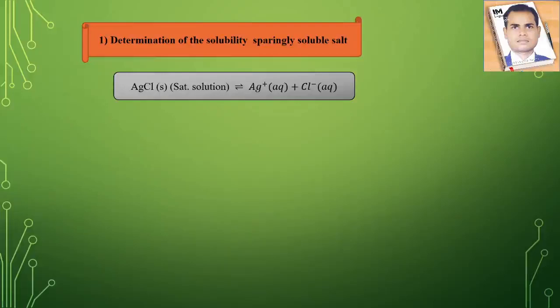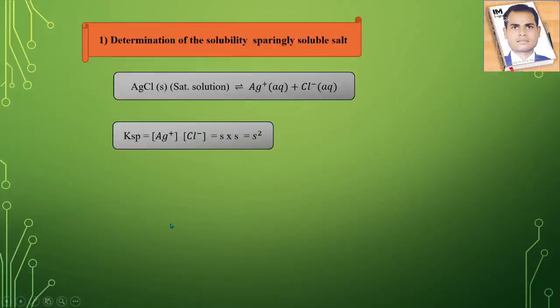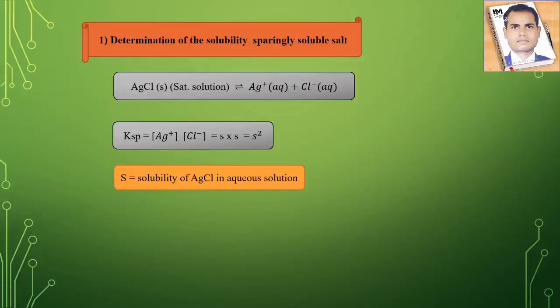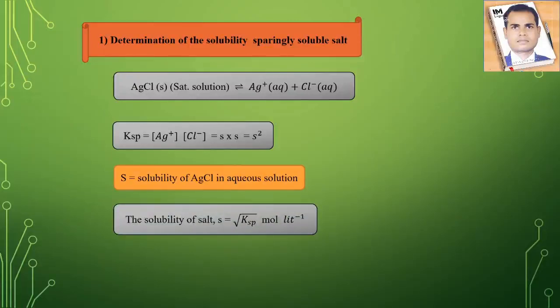The solubility product of silver chloride is related to the solubility by the relation Ksp = [Ag⁺][Cl⁻] = s × s = s². Here s stands for the solubility of AgCl in a solution, so the solubility of the salt is s = √Ksp mole per liter.